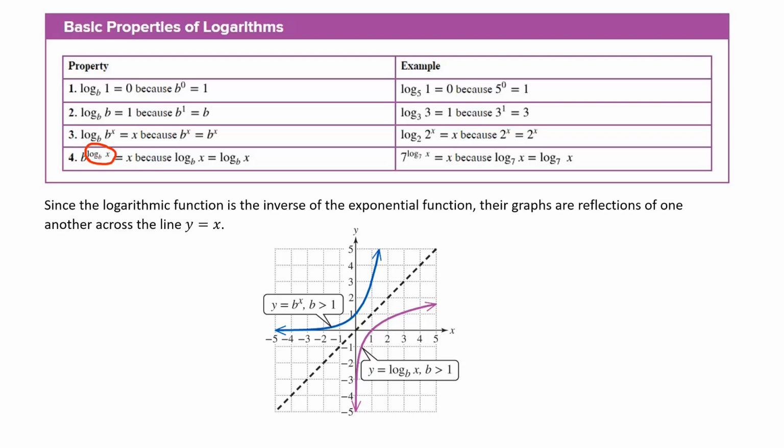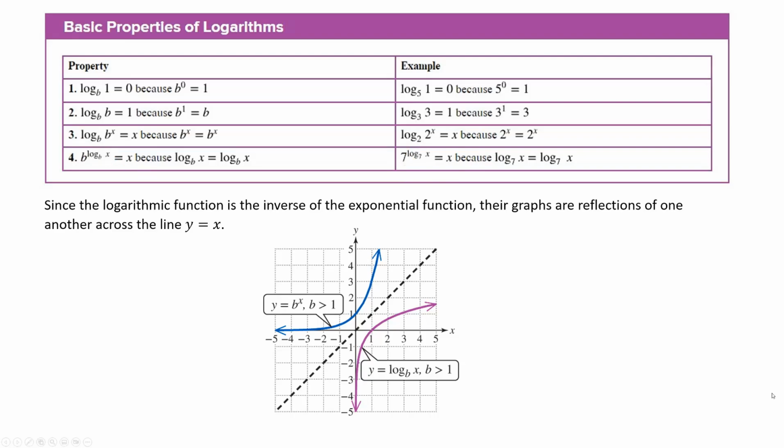Well, you're putting that power on b, so you get x. So if you have something like 7 raised to the log base 7 of x, that's going to equal x, because log base 7 of x is the power you put on 7 to get x, and you just put it on 7, so you get x.